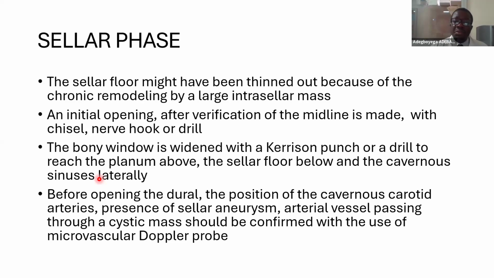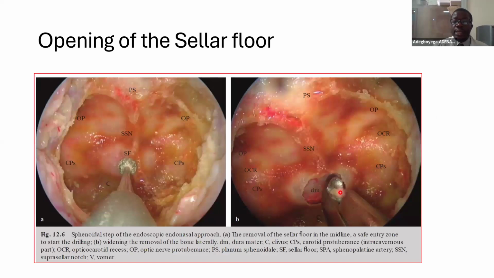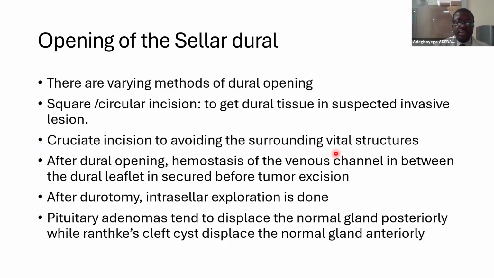Ordinary use of bipolar to arrest the bleeder, or use of sellar clips, can help to reduce bleeding so that one can have a good operating field. The picture above shows the way the sellar floor is being removed. This is the Kerrison punch chipping off the sellar floor and exposing the sella.